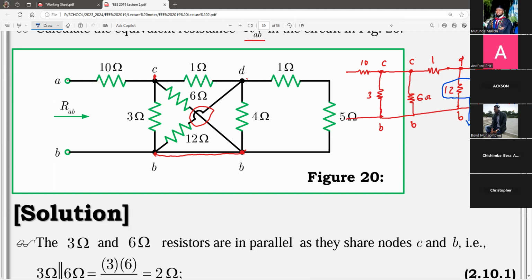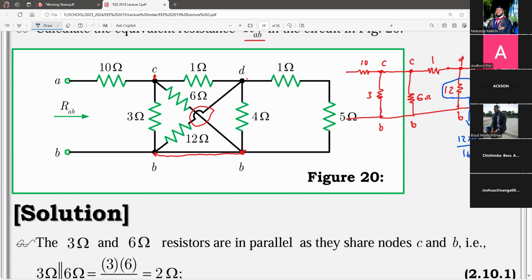So what you get there will be 12 times 4 over 16, which is 12 times 4 divided by 16. That should be 3.